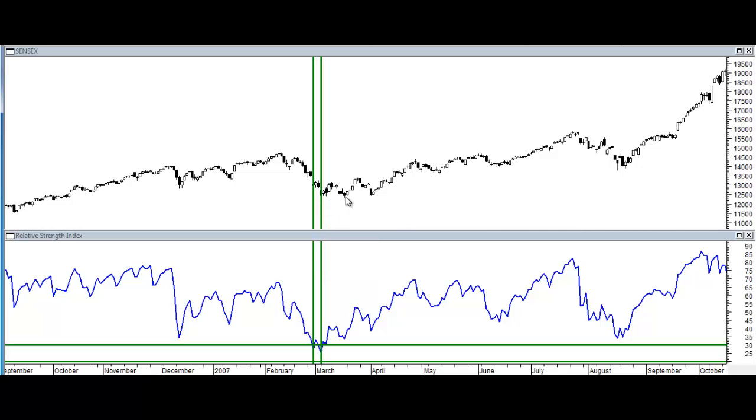Post that, we again retested the previous low of 12,300, but over here RSI made a positive divergence, and you can clearly see it on the chart. And since then, the confirmation which we got in the month of March is that prices are retesting the lows or making lower lows, but RSI is not ready to break that 30 zone, and it's making positive divergence around those levels.